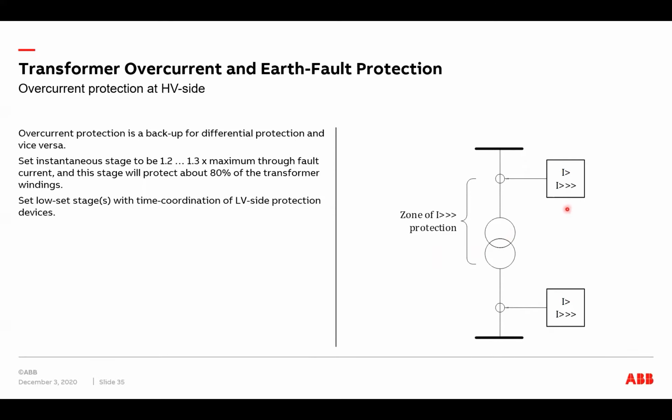And what we can use is instantaneous overcurrent protection, which we set to 1.2 to 1.3 times the maximum through fault current. And this will then give us a backup protection, which will cover about 80% of our power transformer. The low set stage must then be time coordinated with other protections.